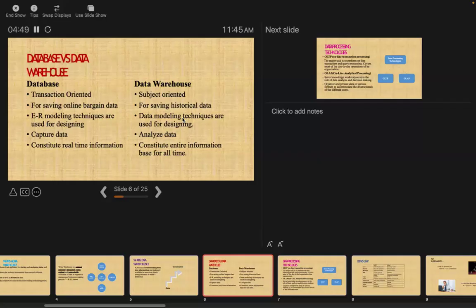So there are different verticals, and vertical-wise the data will be different. IT people will deal with IT related tasks. HR people will deal with HR related tasks. Similarly, marketing people will be more concerned about the marketing data, right?